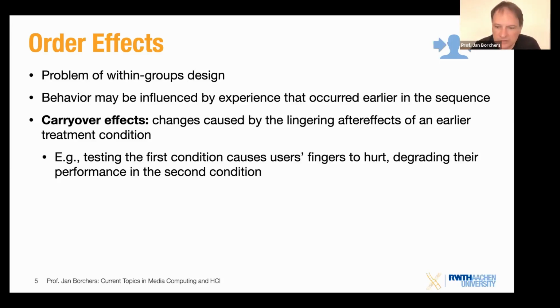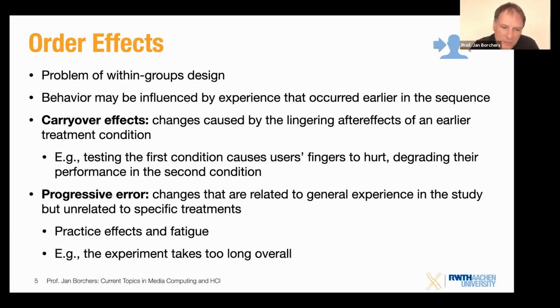Or they can have a learning effect that goes in the other direction, where simply because people were exposed to one condition, they will have learned something about the experiment as a whole that will make them faster in the second condition, no matter which one comes first, right? But the second one will always be faster than the first, relatively speaking, because the user has learned something by doing the first condition. So this could be typically a practice effect, right?